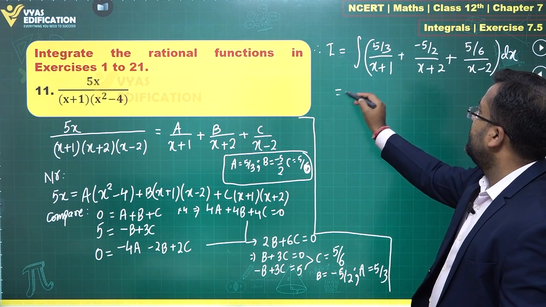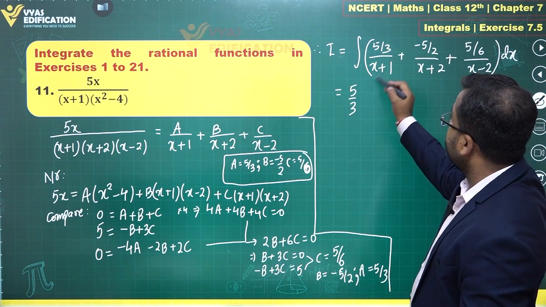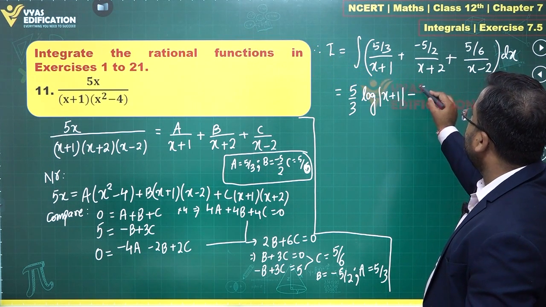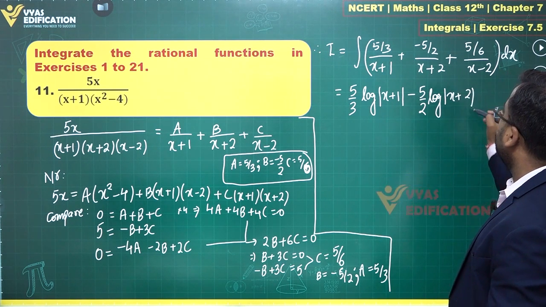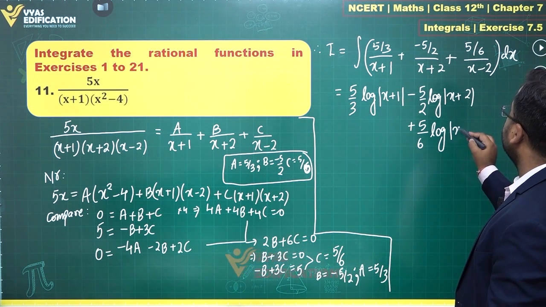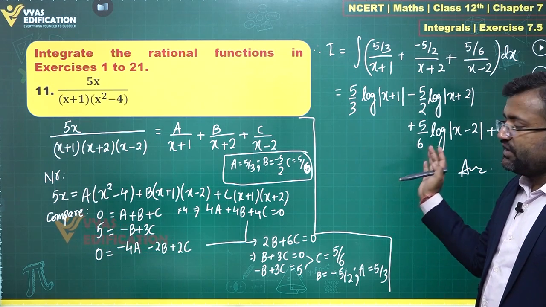That becomes 5 by 3 log modulus x plus 1 minus 5 by 2 log modulus x plus 2 plus 5 by 6 log modulus x minus 2 plus a constant term, which is what I get as the final answer for this particular question.